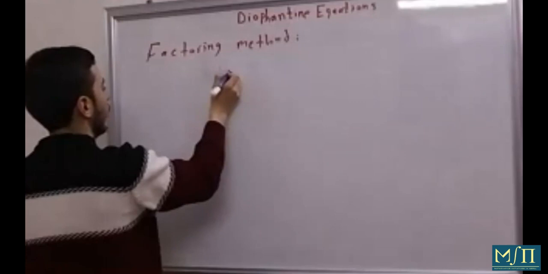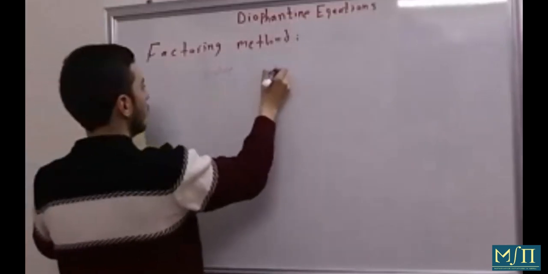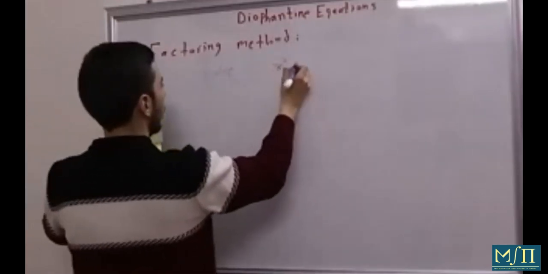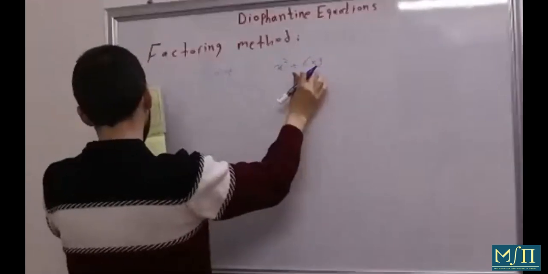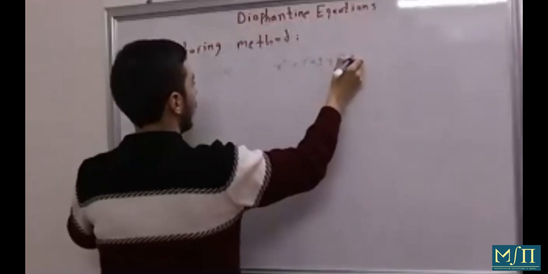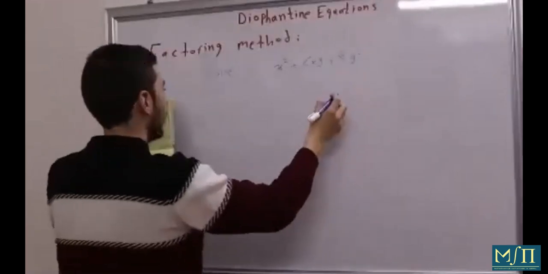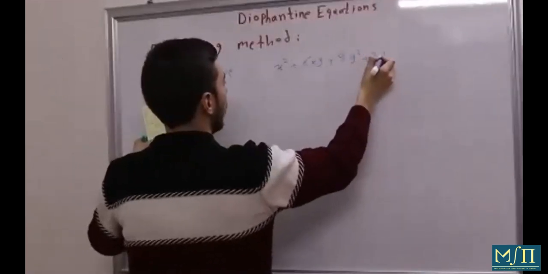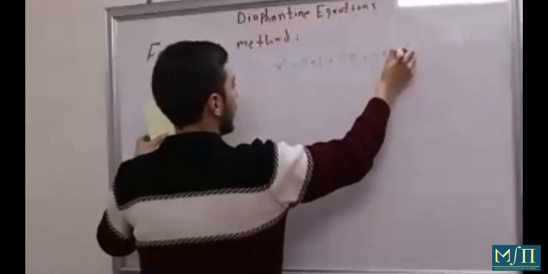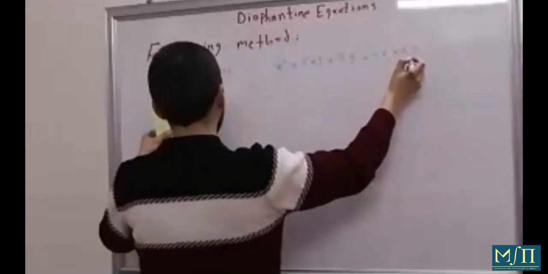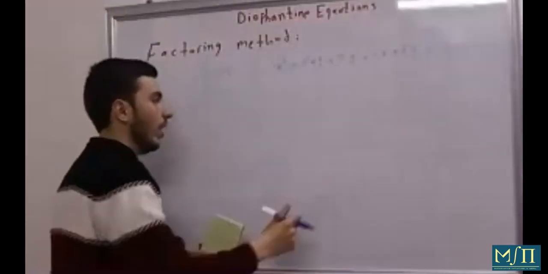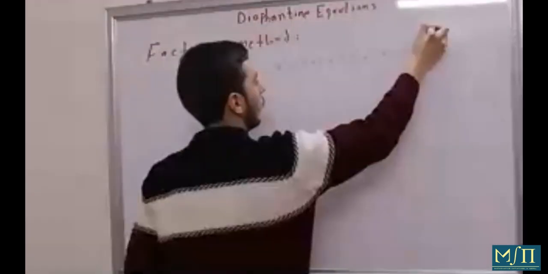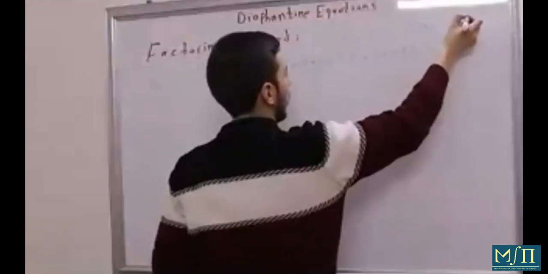Solve x squared plus 6 times x times y plus 8 y squared plus 3 times x plus 6 times y equals 2, where x and y are integers.